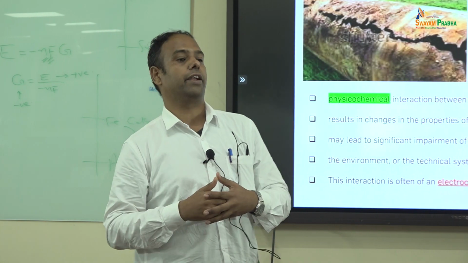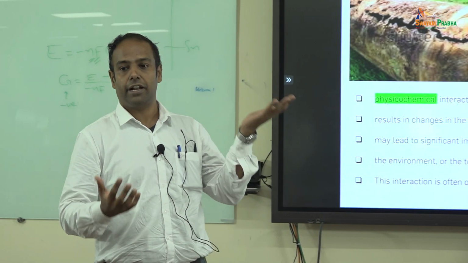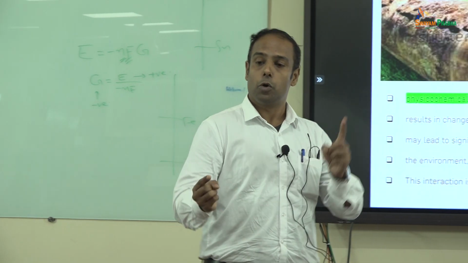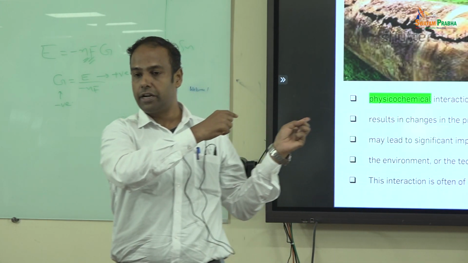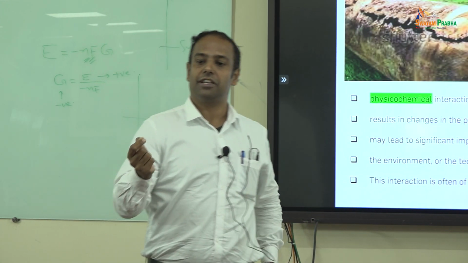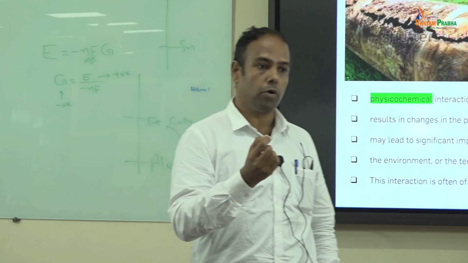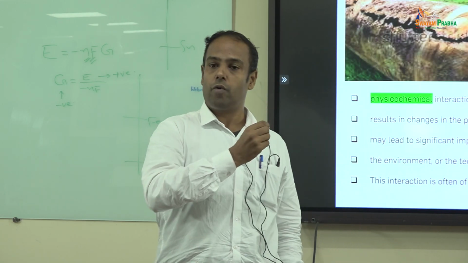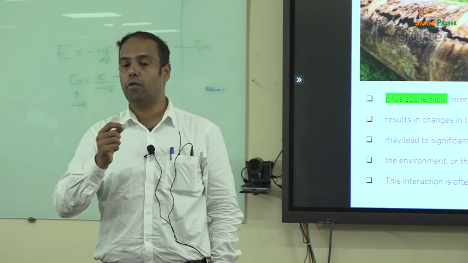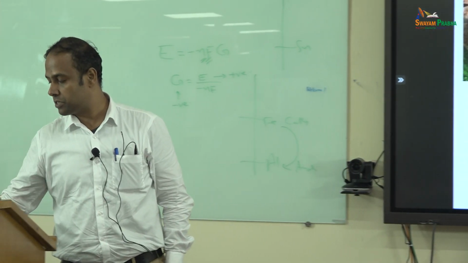And that electrified interface has an inherent potential, which you can now relate with delta G, and that potential can give you an idea about how fast or how feasible the reaction is, or how tough the reaction is to happen.